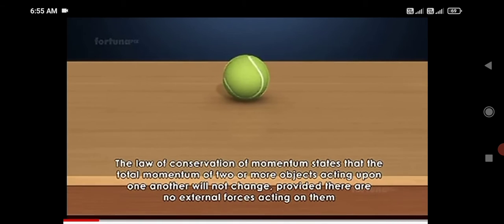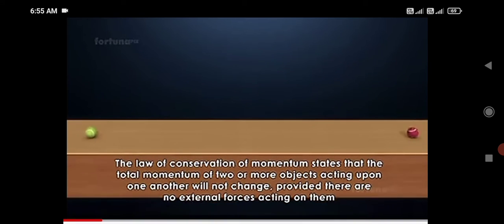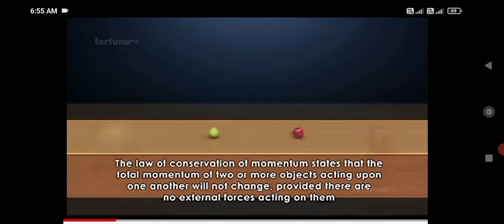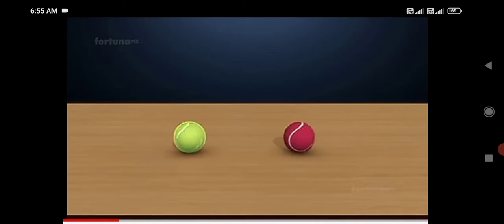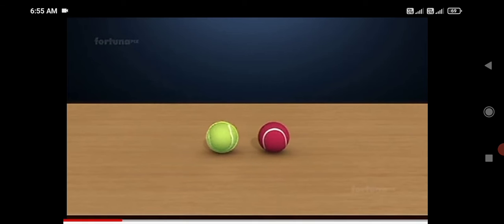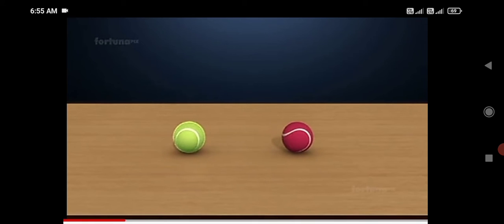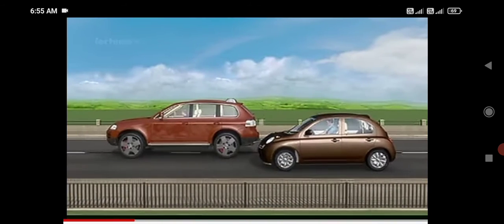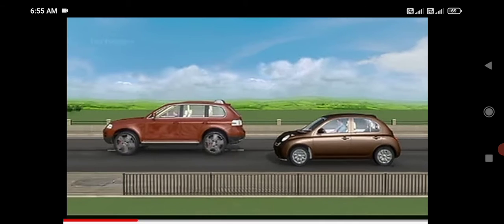If two balls collide with each other, before the collision they travel with velocity u1, and after the collision they travel with a different velocity. The initial velocity of the first ball is u1, the initial velocity of the second ball is u2, the final velocity of the first ball is v1, and the final velocity of the second ball is v2.